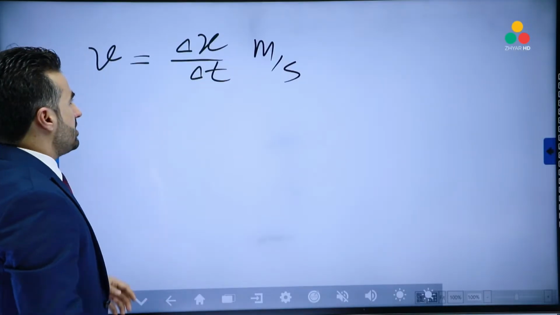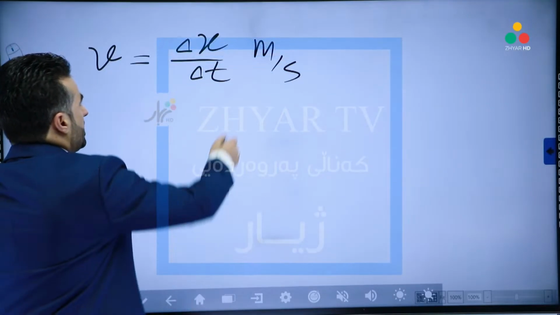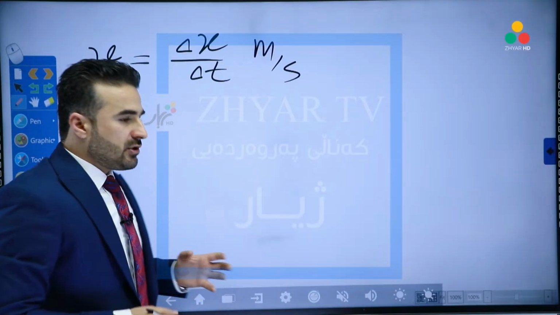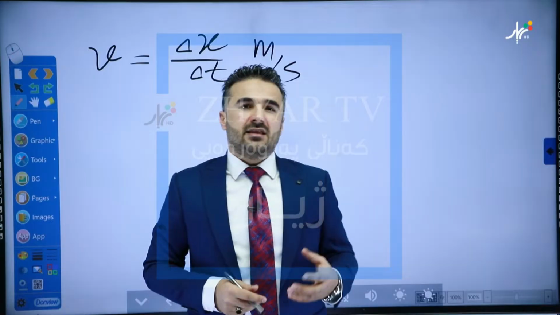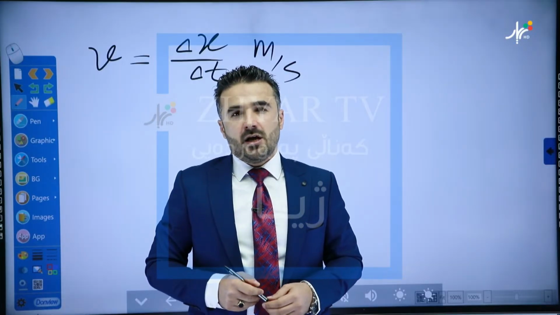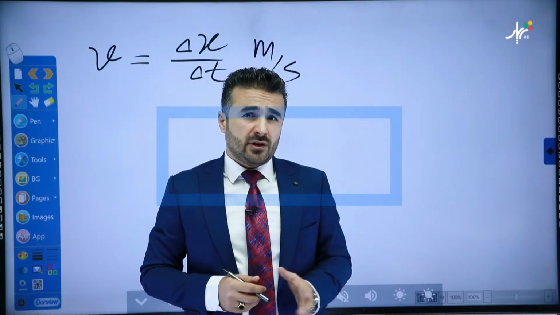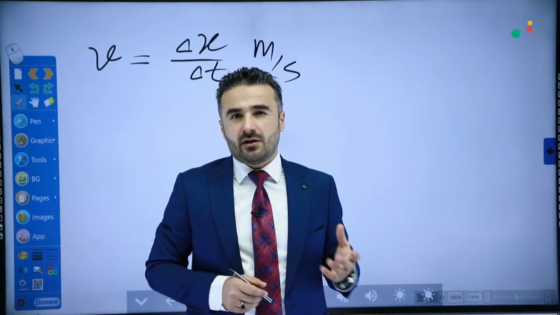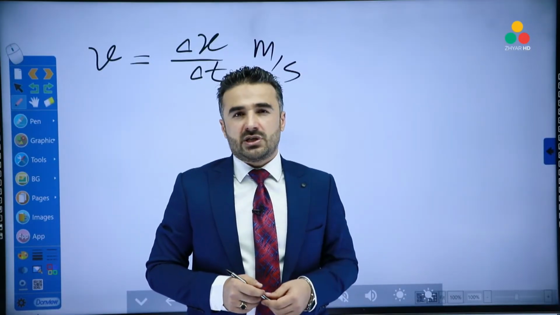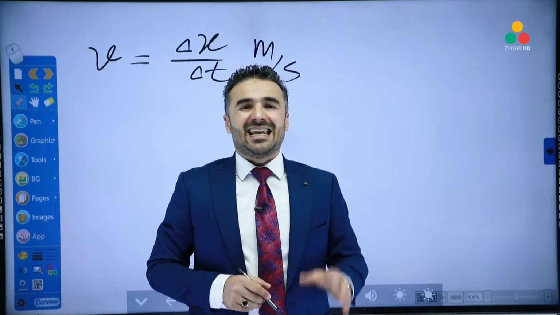Velocity was also a vector quantity, in the same direction as the displacement. In trajectory motion, if the motion was upward, we considered velocity to be positive, and if it was downward, we considered it to be negative.